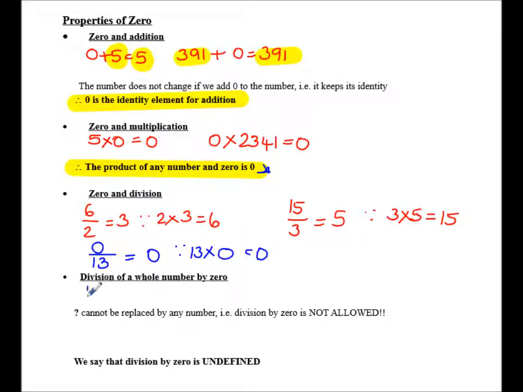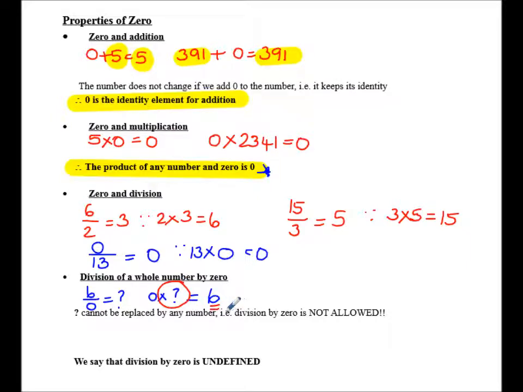Let's look at when we divide a whole number by 0. So 6 divided by 0 equals what? Using the same principle as above, 0 multiplied by what will give you 6? Well, from this rule here, you know that 0 multiplied by anything has to give you 0.